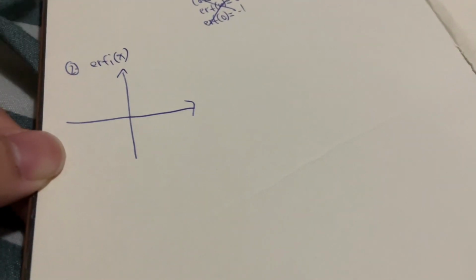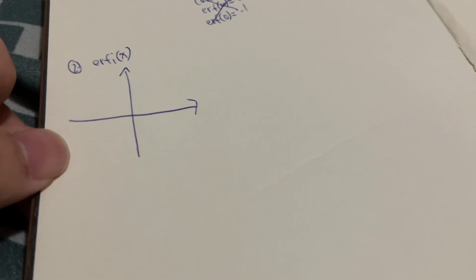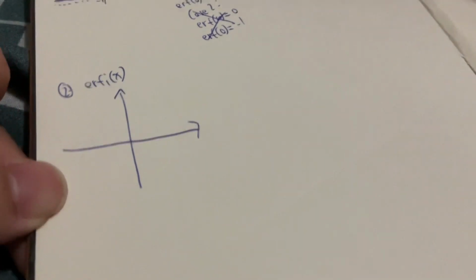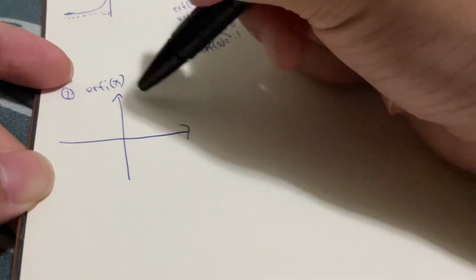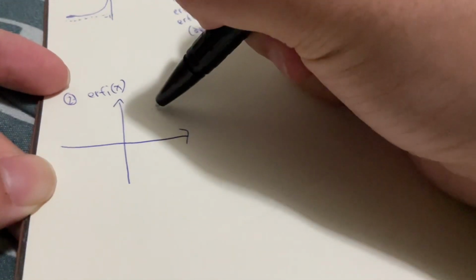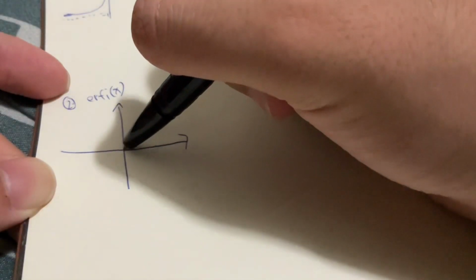So the graph of erfi of x is the imaginary version of the error function, and its graph is really different compared to erf of x. Its graph is like that. And this really is a simple one, and it's also an odd function like that.